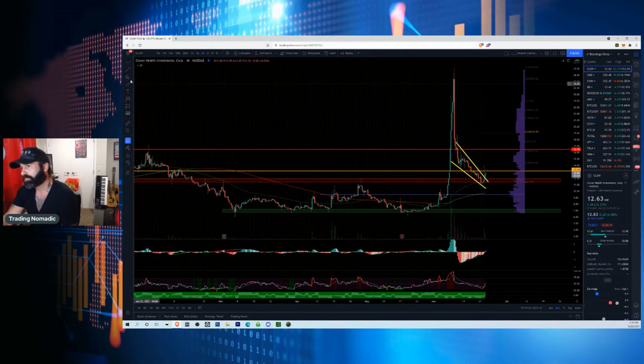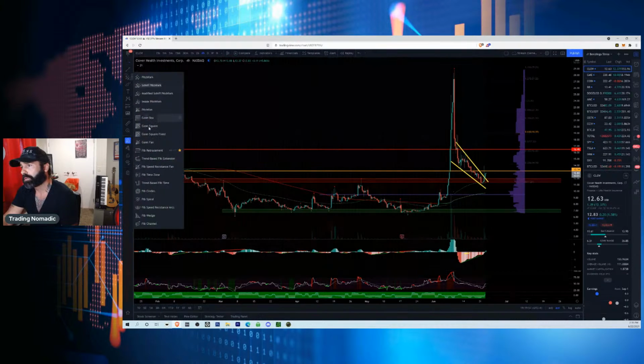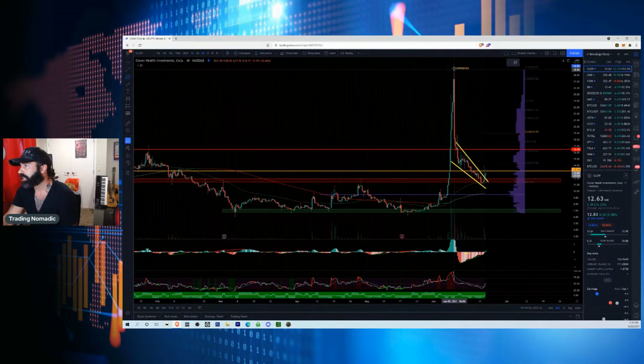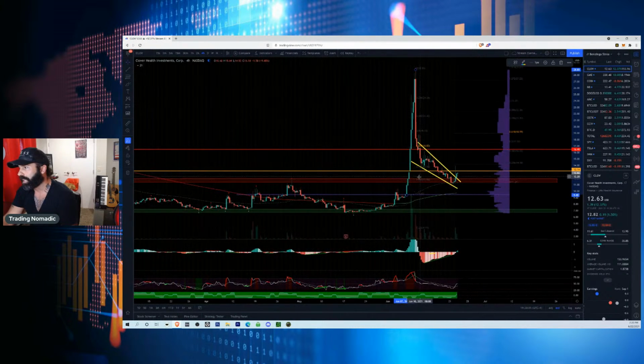I mean, if we draw a fib on this thing, just the type of stuff we want, man. You've got an 88.6%, even further than that. You got about a 90% correction of this wave all the way down to support.